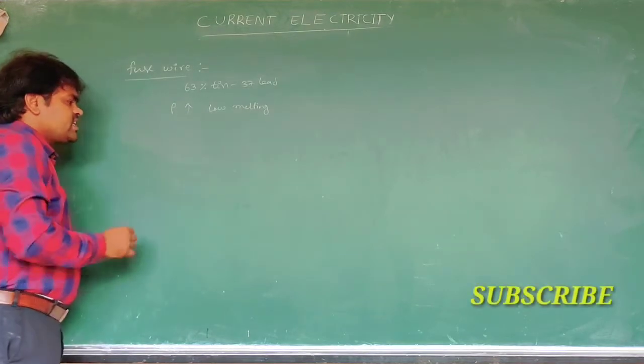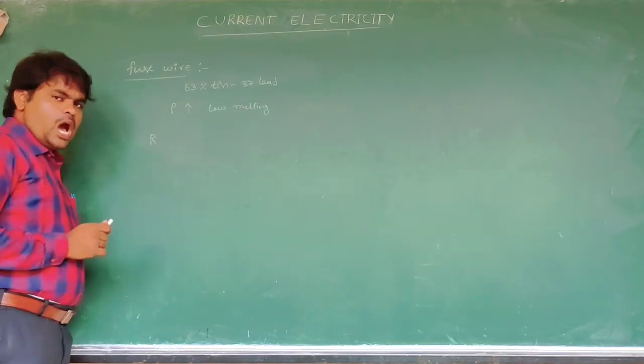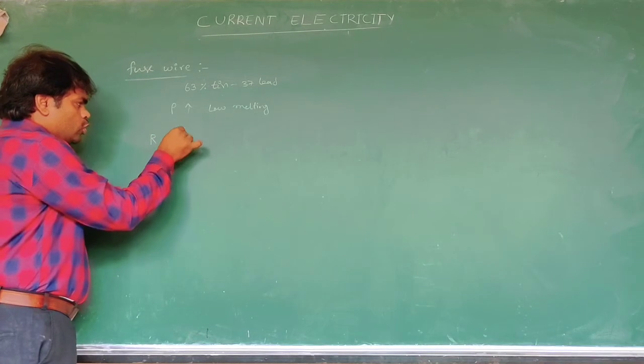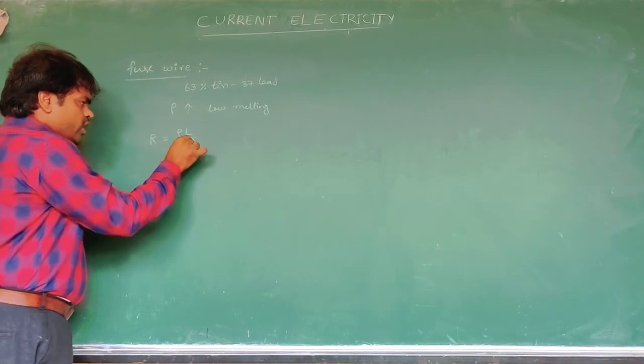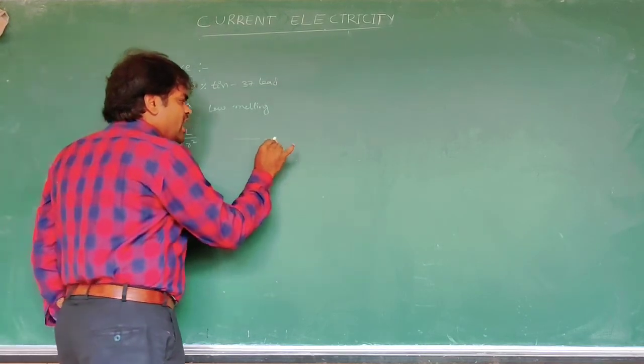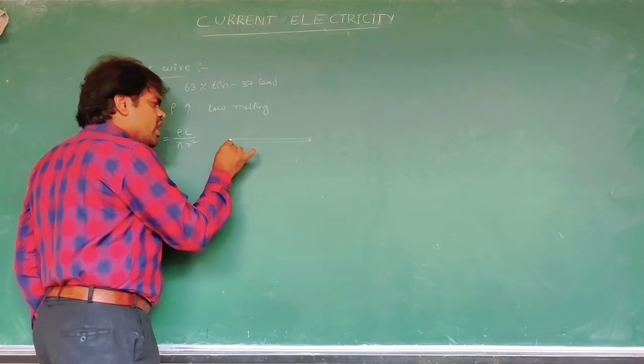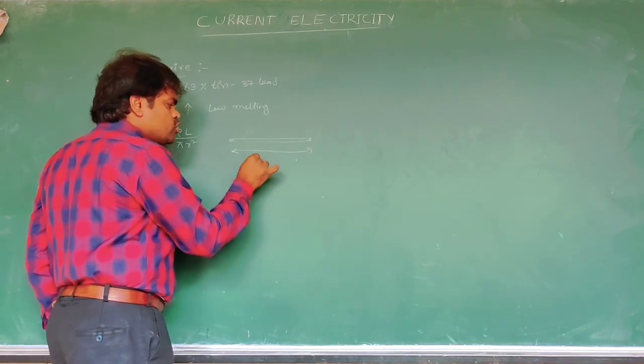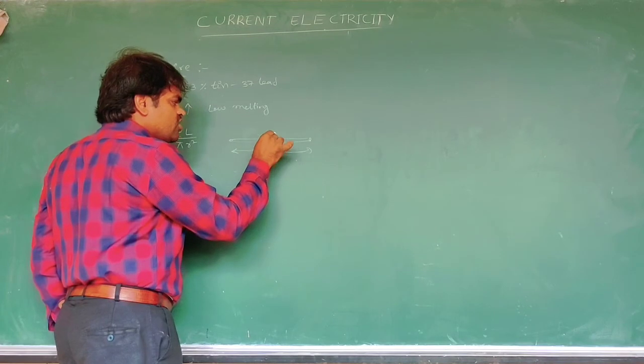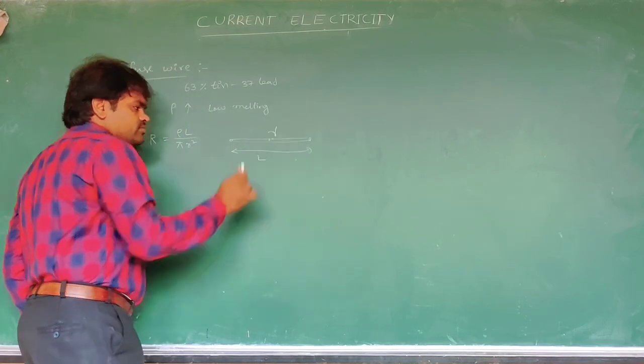Then the resistance of the fuse wire is R, then R is equal to rho L by pi r square. Here L is the length of the fuse wire, and the radius of cross section of the fuse wire is r.